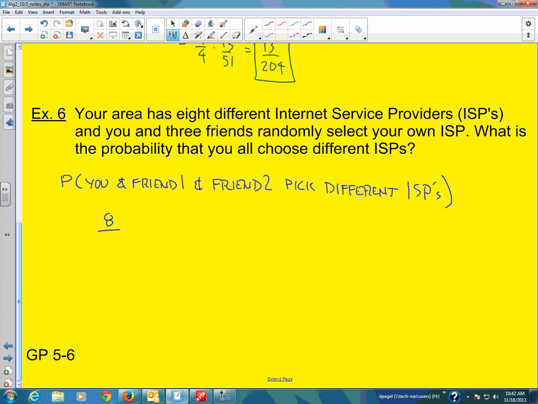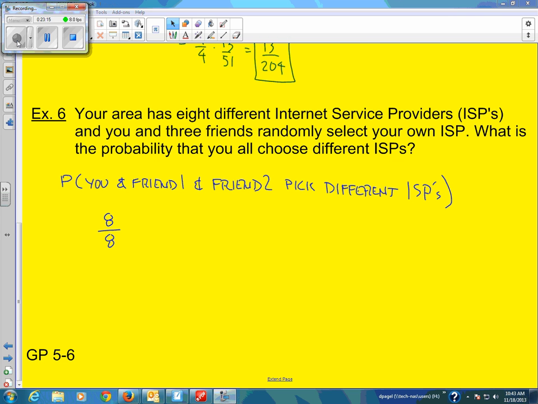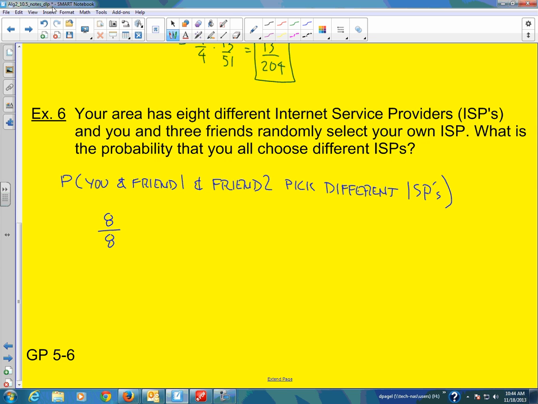I have the luxury in my example here of saying, okay, I'm going to be the one that gets 8 choices out of the 8 that I can pick from. All right. So I have an 8 out of 8 opportunity to pick a service provider.